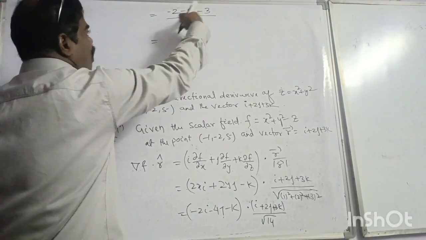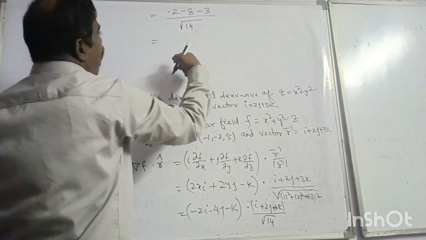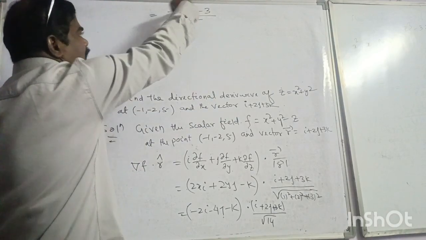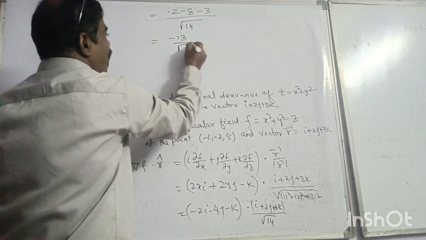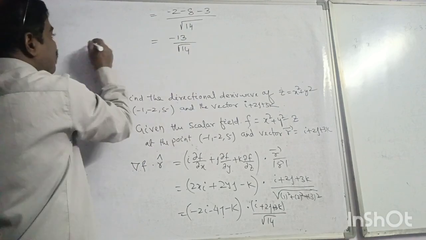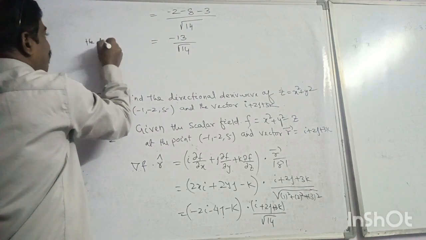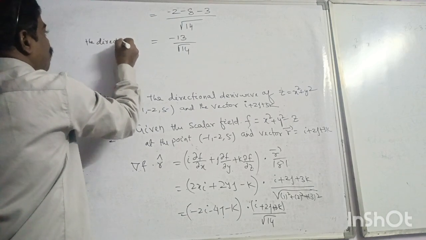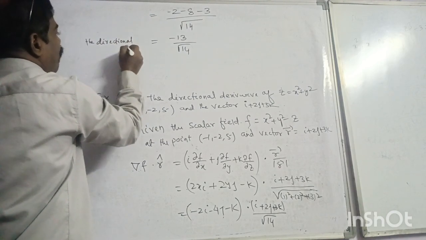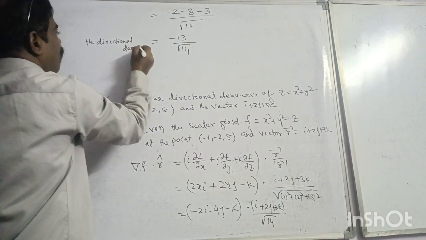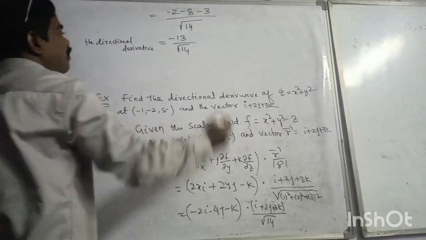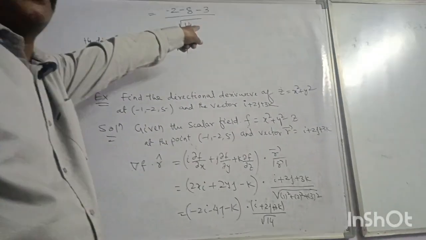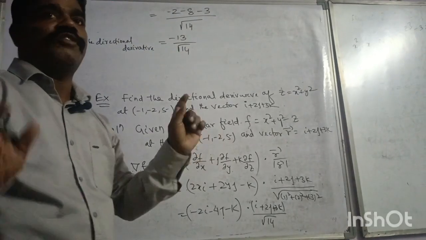So this is equal to how much you are getting? Total, add this: -13 by root 14. So the directional derivative is equal to how much did you get? -13 by root 14. Have you understood?